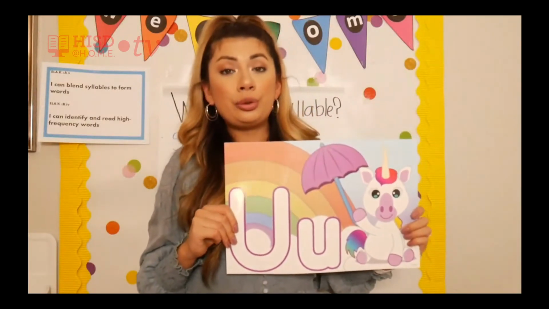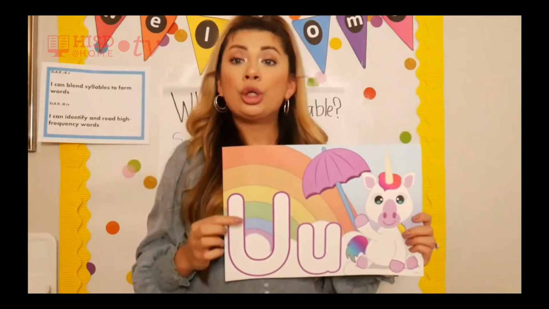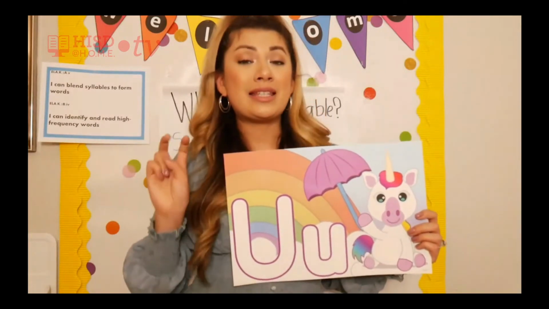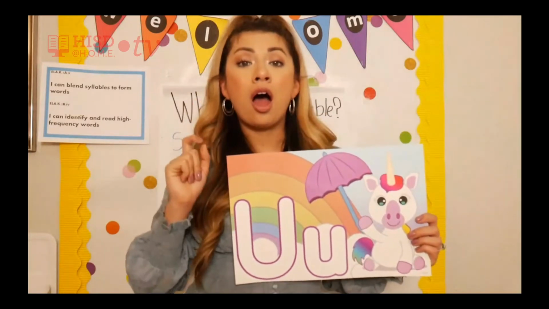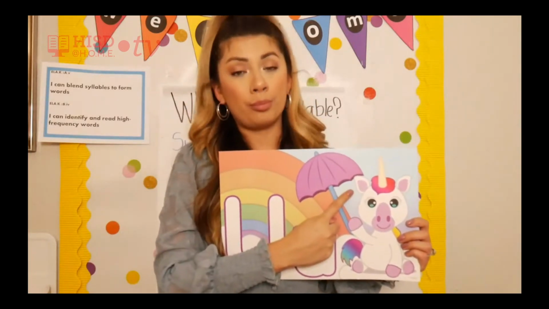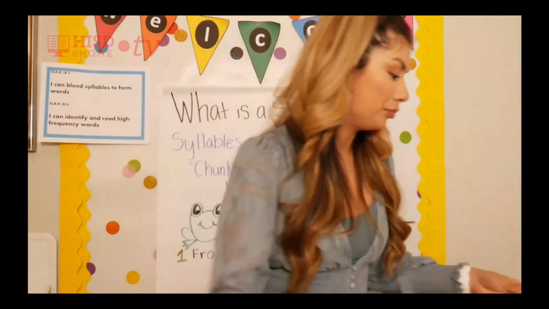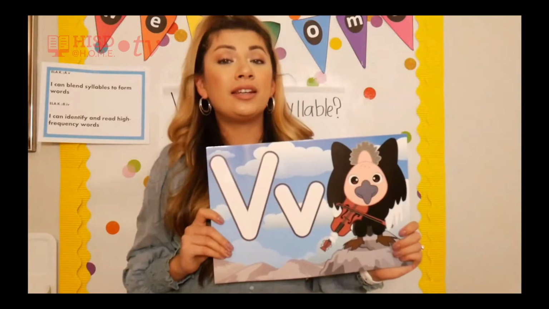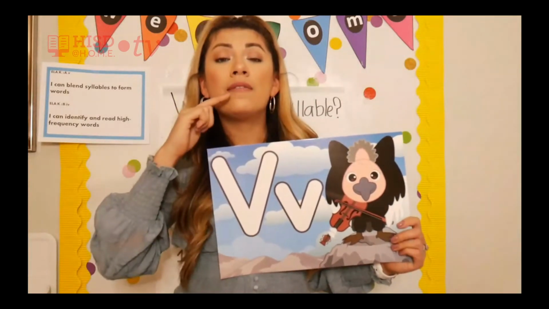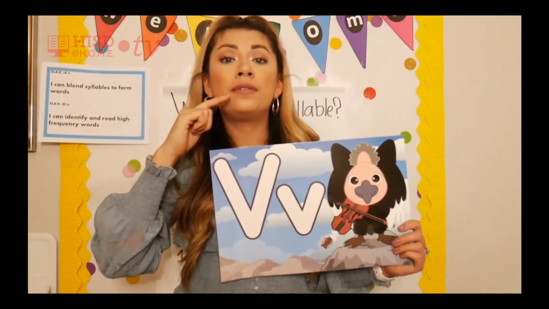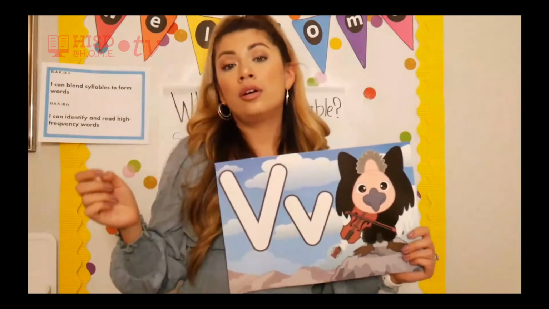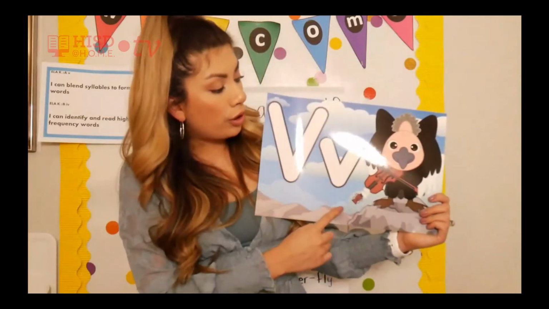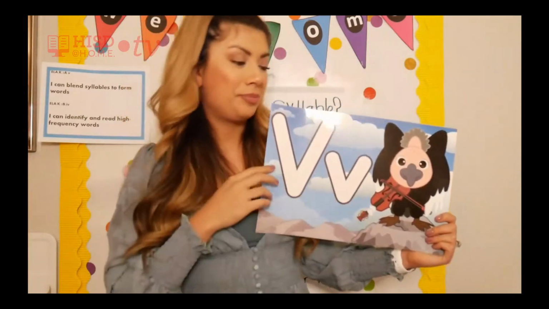U. U has two sounds. U like in unicorn. The second sound is like umbrella. V. V makes a sound like vulture or violin.